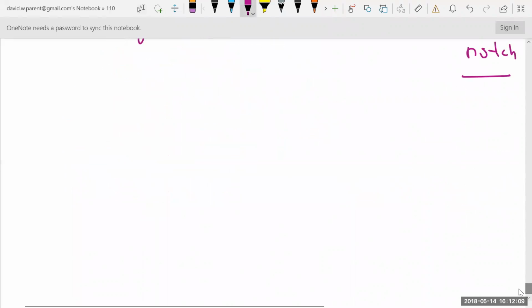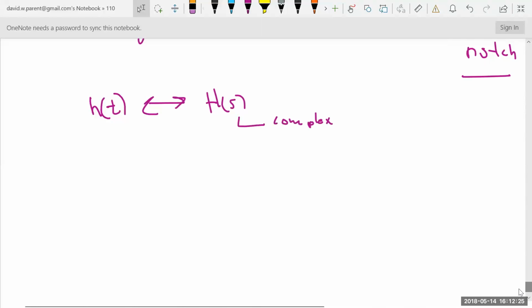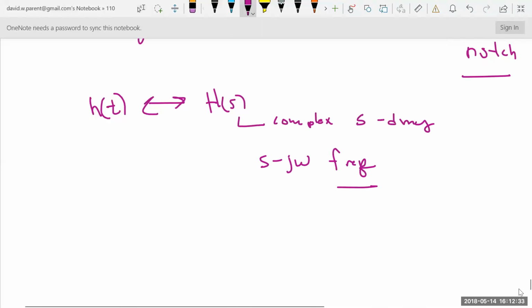So really this whole course, we're going between the time domain and the frequency domain. Now, yeah, S is complex, right? You could call it S domain, and then S equals j omega is in fact the frequency domain, right?